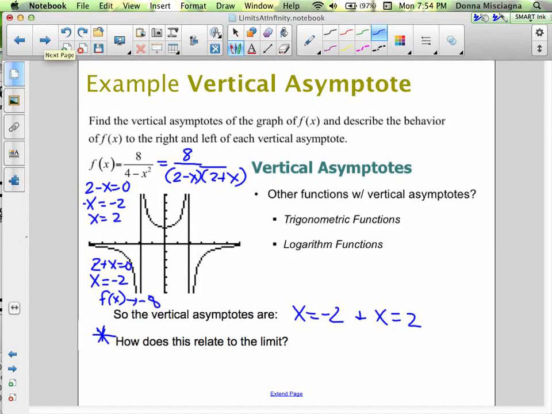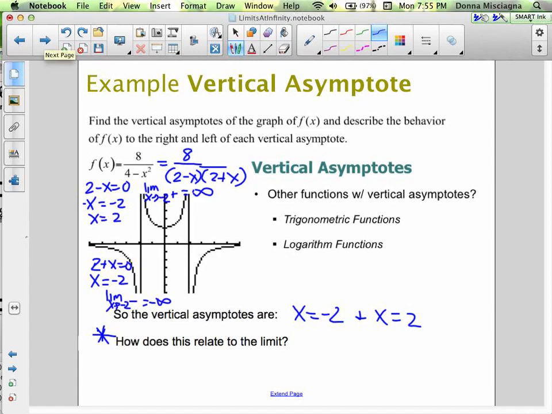I'm going to write this as a limit. The limit as x approaches negative 2 from the left-hand side is negative infinity. Over here, the limit as x approaches negative 2 from the right-hand side is positive infinity.